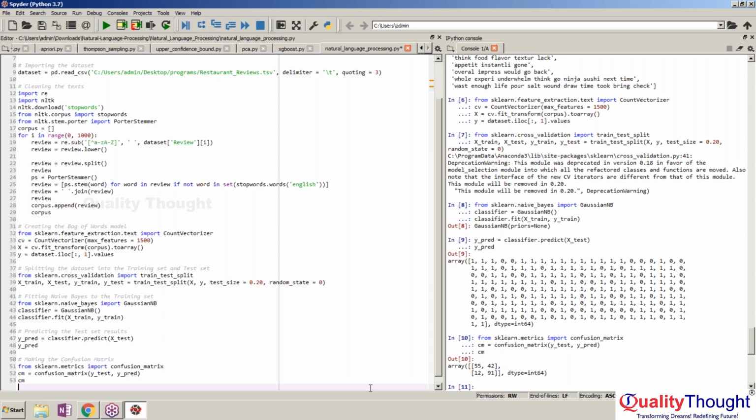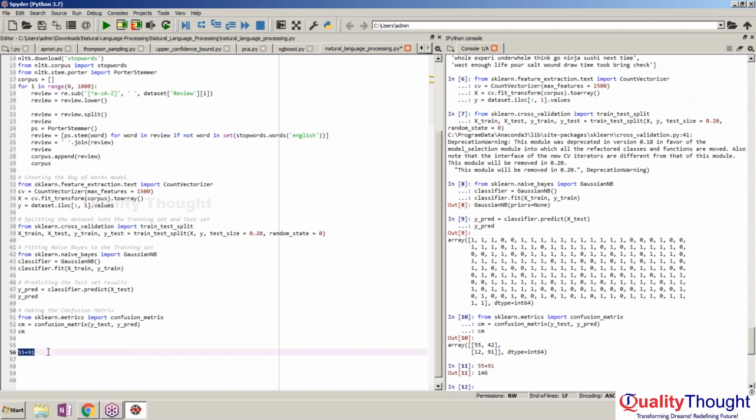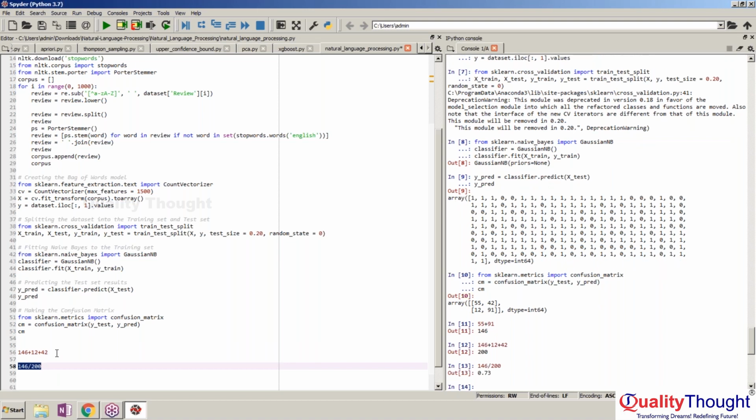How much is it? 55 plus 91, 146. 146 plus 12 plus 42, 200. So 146 divided by 200. So it is 73% accurate.